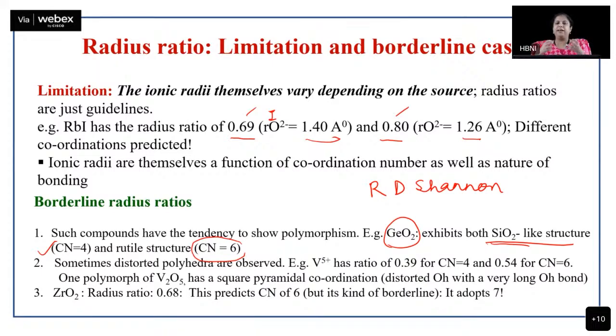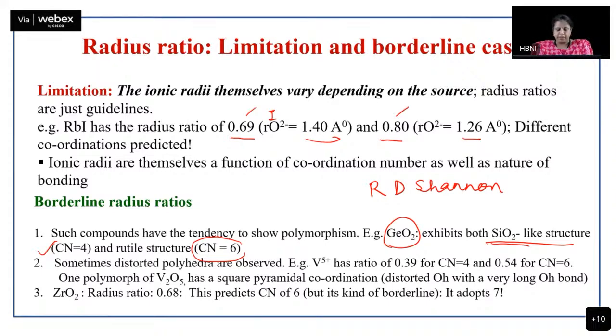It will take a square pyramidal kind of coordination. Here the coordination number is 5, but in square pyramidal, all your cation and anion bond lengths are not equal. So what is a square pyramid? It is 4 anions in a square and 1 capping it. So the coordination number is 5, and it is a very distorted polyhedra.